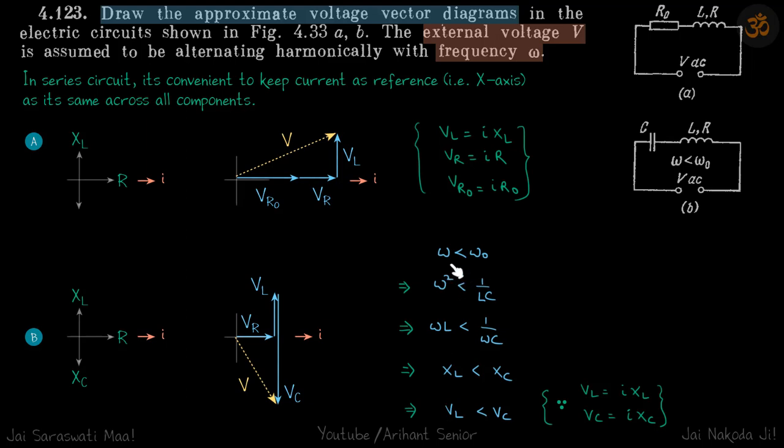So if we square both sides, omega square is less than 1 by LC, or omega L is less than 1 by omega C. So this is the reactance of the inductor, which is less than the reactance of the capacitor. Because the reactance of the capacitor is more, it is more effective. If you multiply I on both sides, you can see that VC is greater than VL. And that's what we have done here.